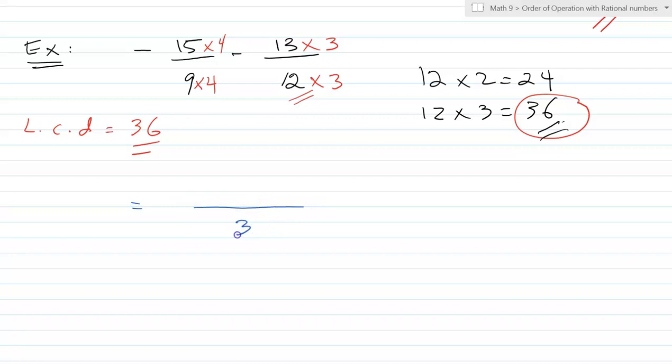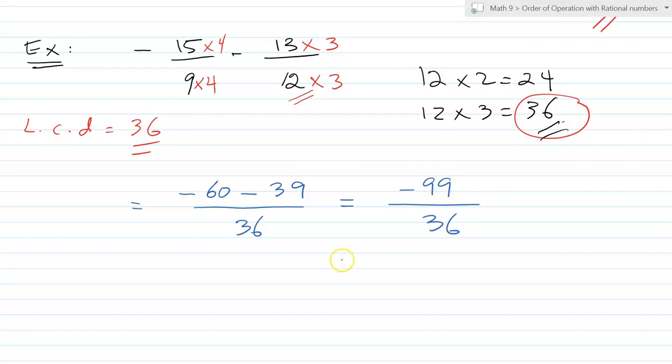We have 36 in the denominator. On top we have negative 4 times 15, negative 15, that is negative 60, minus 3 times 13, 39. Great. Same denominator. And now we're going to go ahead and subtract, or add in this case, negative 99.